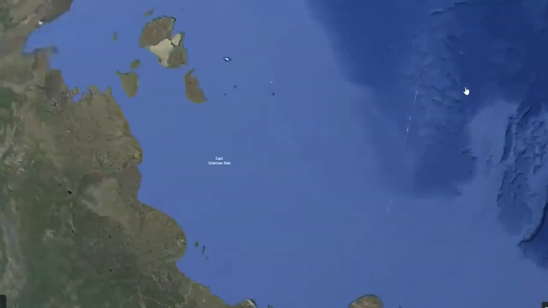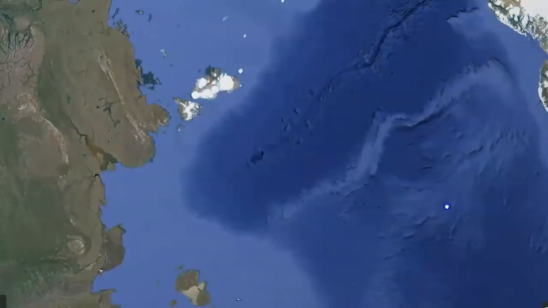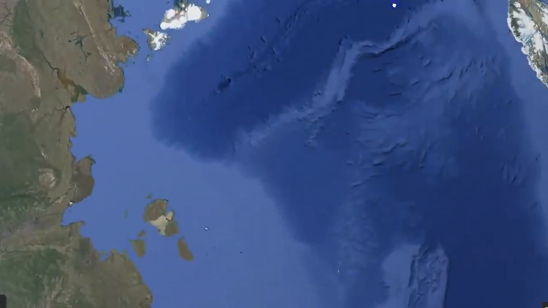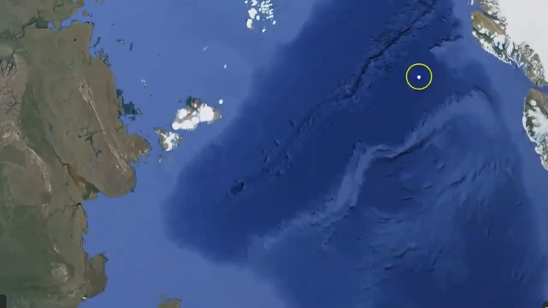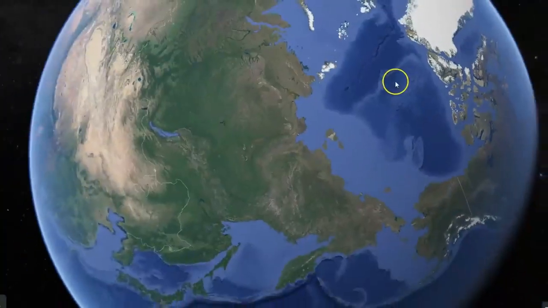Deliberate mocking on their part, or just amateur NASA-style Photoshop skills. Either way, it indicates that the vast nothingness of blue ocean here is indeed a photoshopped lie, and exists primarily to hide whatever is really here.